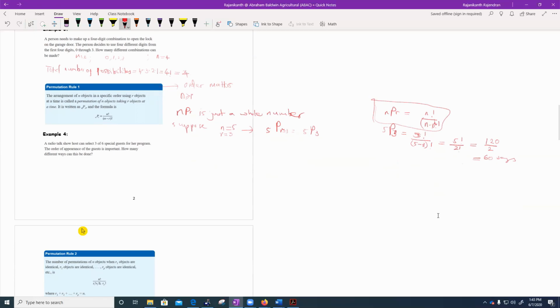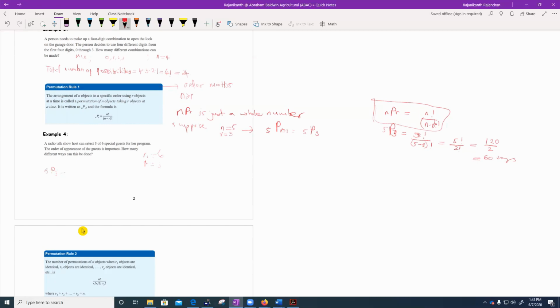How many different ways can this be done? So the total number of objects is 6, and the number she wants to select is 3. Therefore, the total number of ways is simply 6P3.